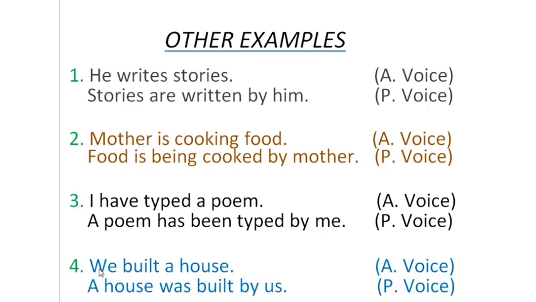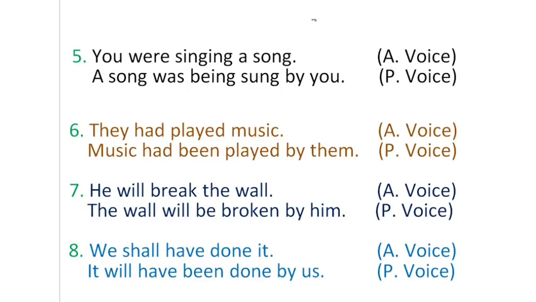Number 4, past simple. We built a house. This is active voice. Passive voice is a house was built by us. A house OV was or were built. Third form of the verb and by us by phrase. Number 5, past progressive form. You are singing a song. Active voice, passive. A song was being sung by you.